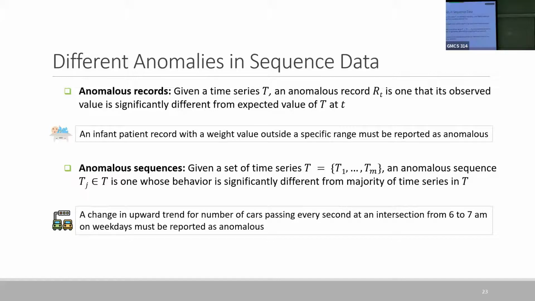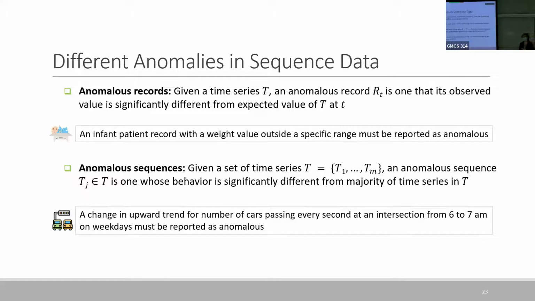An anomalous subsequence is a subsequence of records that has different behavior than what is expected in that specific duration of time. For example, consider an intersection in the traffic data that has an upward trend from, let's say, 6 a.m. to 9 a.m. in the morning, and suddenly in your data set you find a subsequence that has a downward trend or some different trend.